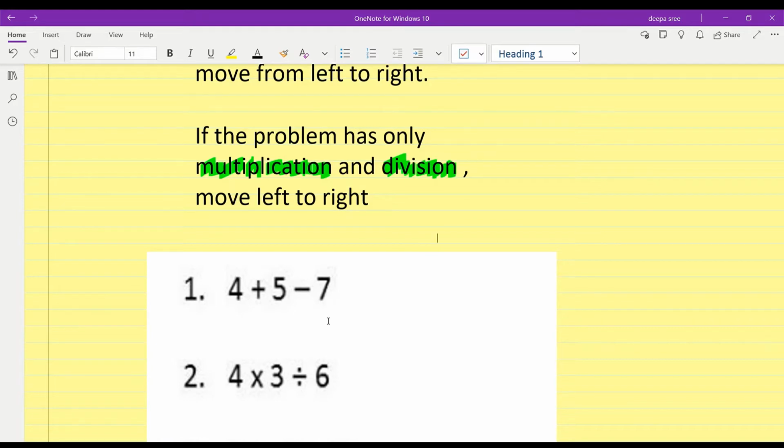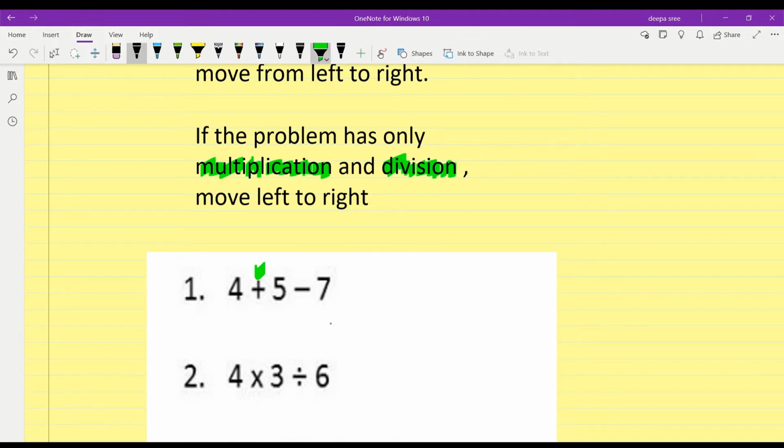Step 1 is to identify whether the question consists of only addition and subtraction or multiplication and division. In the first question it is given 4 plus 5 minus 7. Addition and subtraction are the two operations.